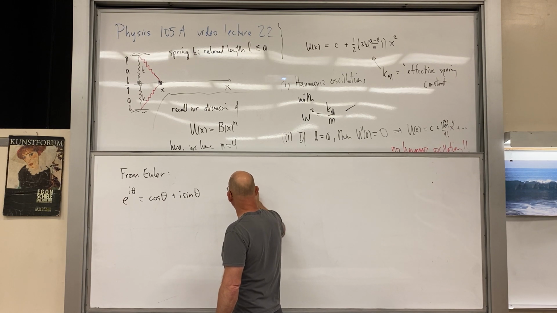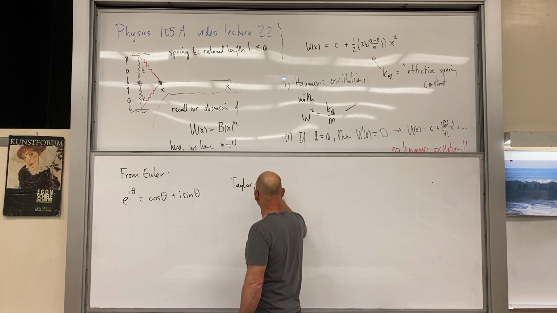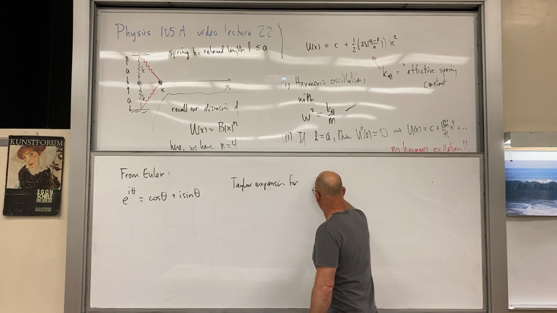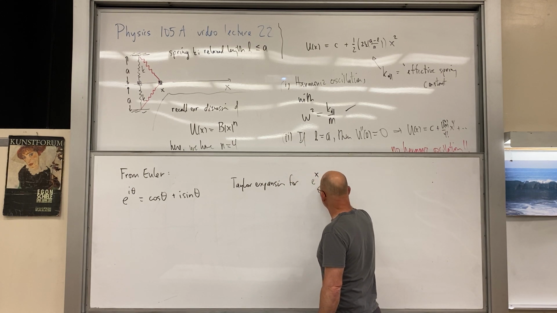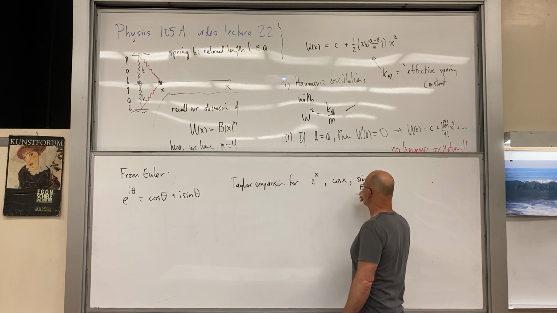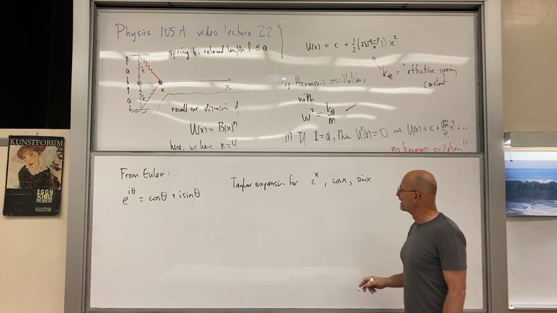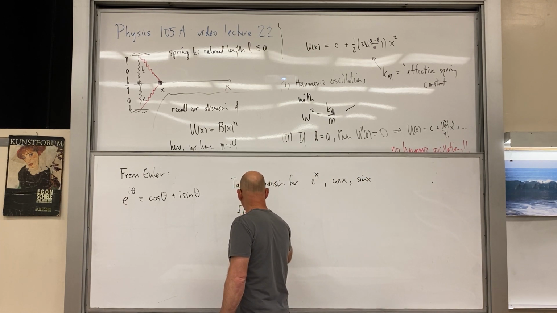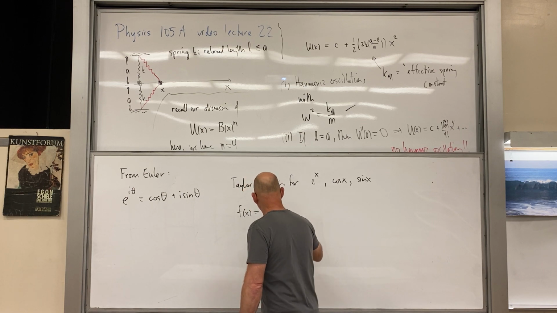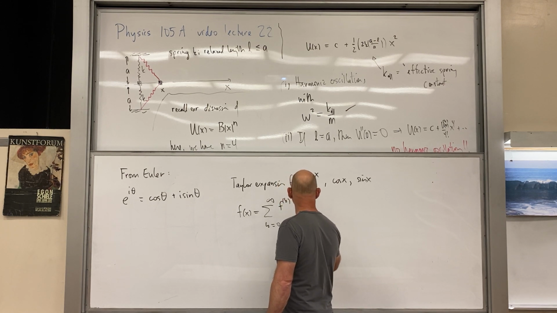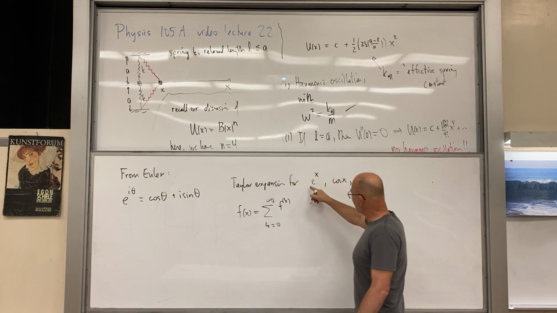So let's just look at our Taylor expansions for e to the x, cosine x, and sine of x. For all of these, we're looking at f of x is equal to the sum k equals 0 to infinity, kth derivative. In this case, we're expanding them all around 0.